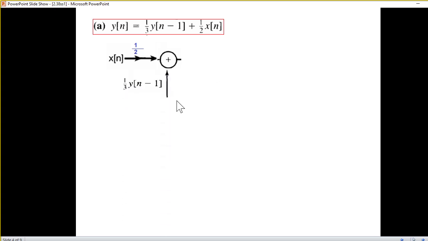We put the feedback line, this one, 1/3 y[n minus 1]. Then we connect and go to the y. And then we also get the feedback from here. The feedback line, the delay line, y[n minus 1]. And then we need to multiply by 1 over 3. So this is the block diagram for given equation.